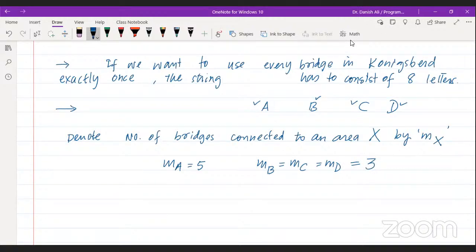Now a general observation about this number MX: it can be odd or it can be even. Suppose a number MP is odd.